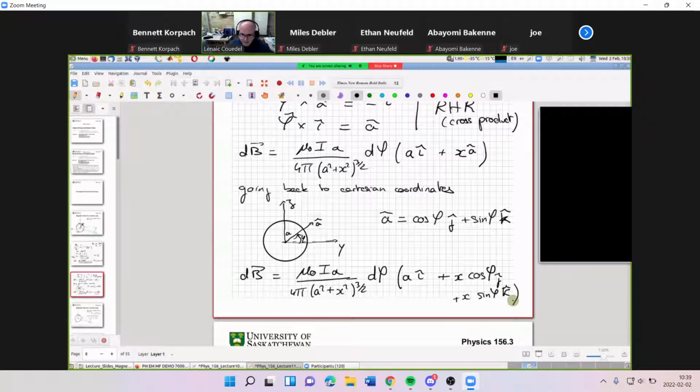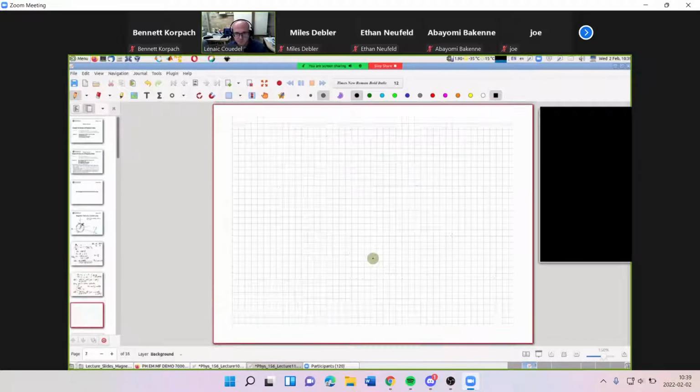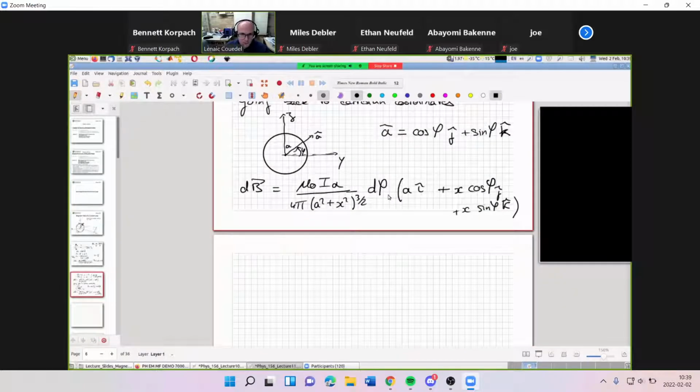It still looks complicated, but trust me, we have simplified the situation a lot. Now if I want the total field, it is the integral over the loop.